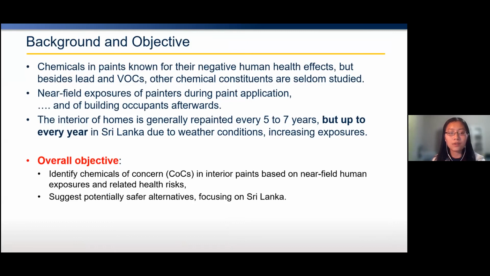And the interior of homes can be repainted up to every year, such as in Sri Lanka, due to weather conditions, leading to increased exposures. So our overall objective is to identify chemicals of concern in those paints based on near-field human exposures and related health risks, and suggest potentially safer alternatives.